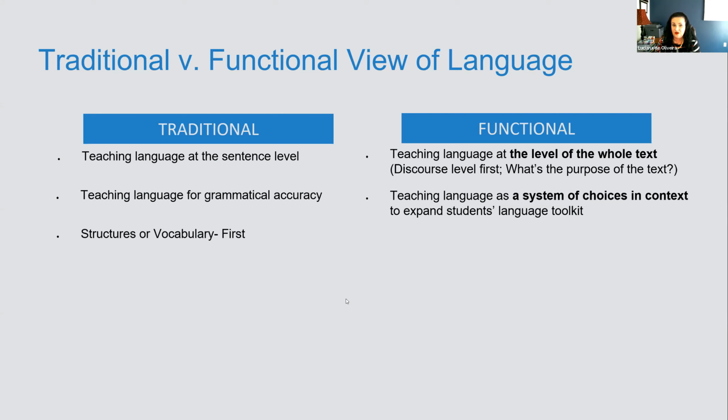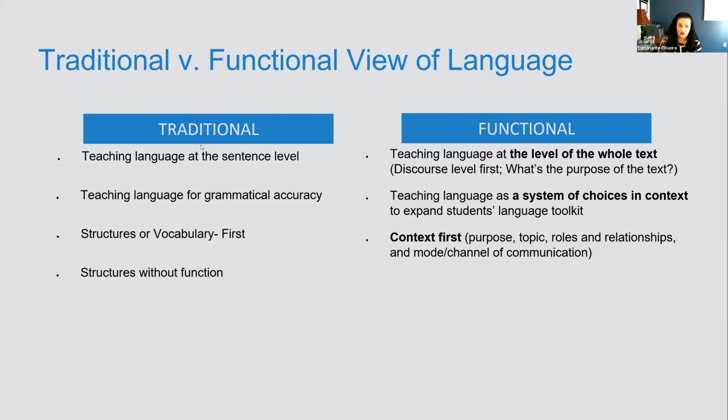And this is typically where I get a lot of questions from teachers. So we're going to talk more about that and why it is problematic to take words out of context and teach them out of context. What we want to do is focus on context first: purpose, topic, roles and relationships, and mode or channel of communication.